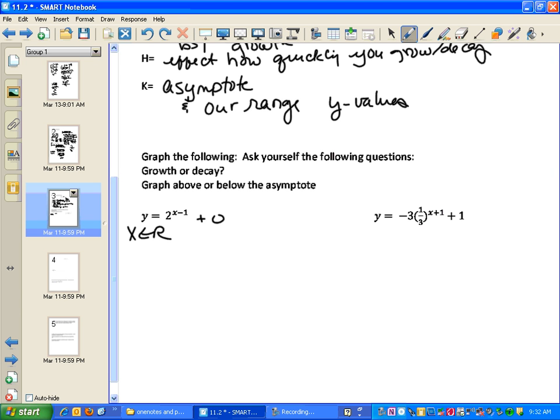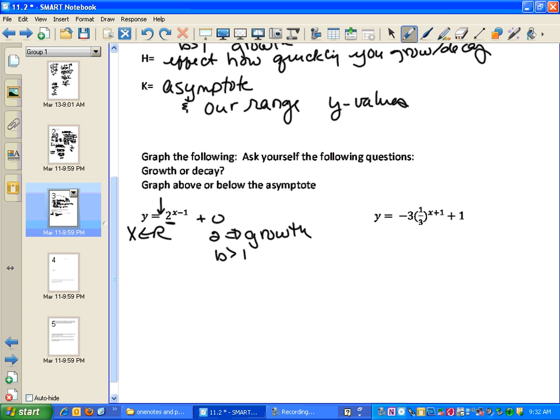Okay? All right, is this a growth or a decay? We know because of the 2, we have a growth because your b is greater than 1, correct? And are we above the asymptote or below the asymptote? In other words, what's the sign right here?